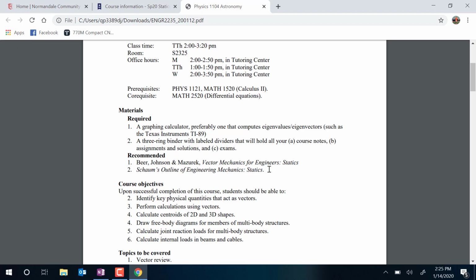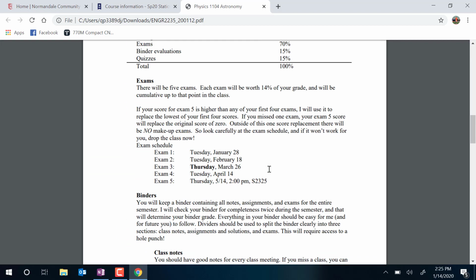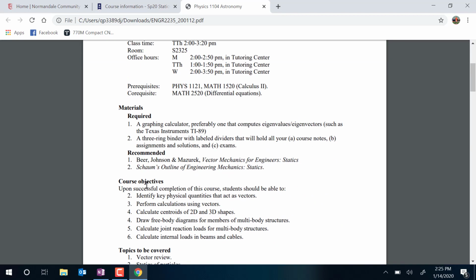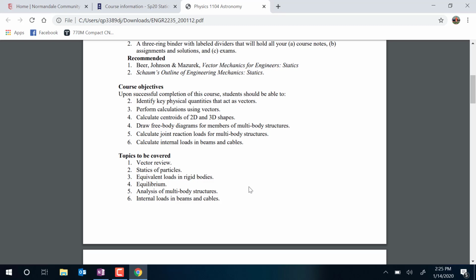You also need a 3-ring binder. This says it's going to have 3 different sections; it actually has 4 sections as listed below. You should get that soon. It's going to hold all your class notes, homework, and tests, so you probably want at least 2 inches.